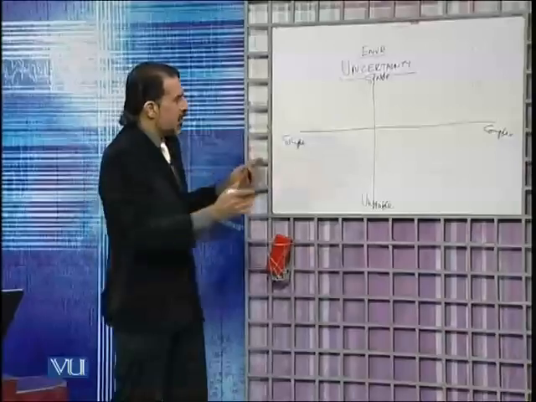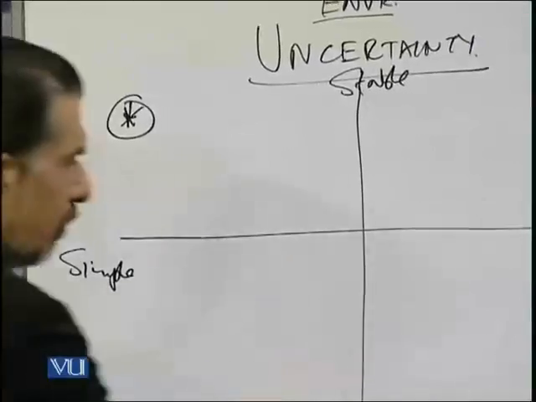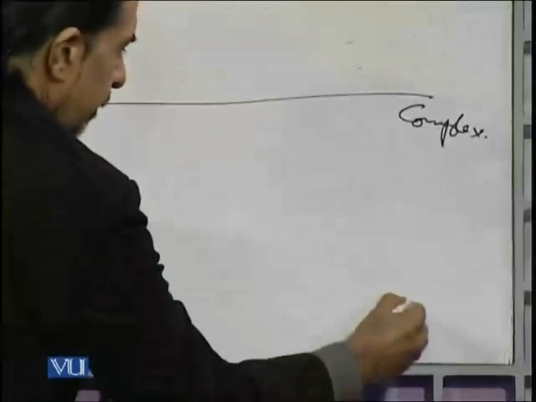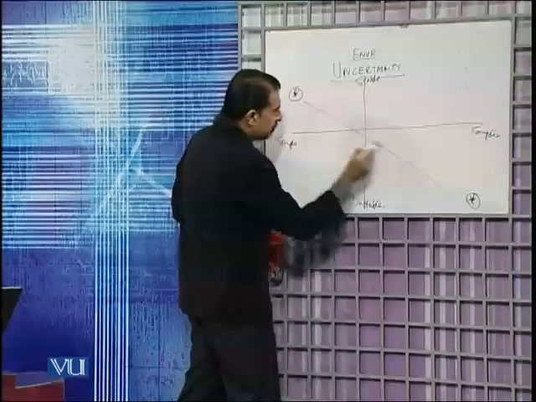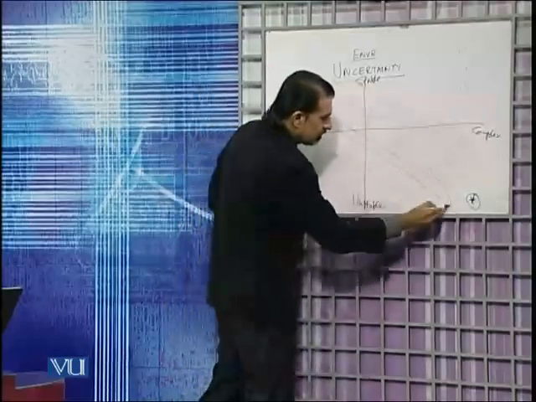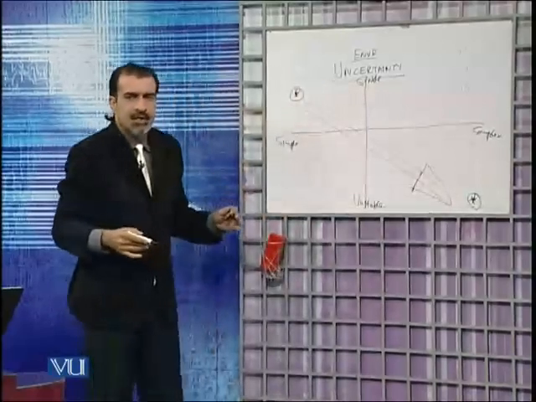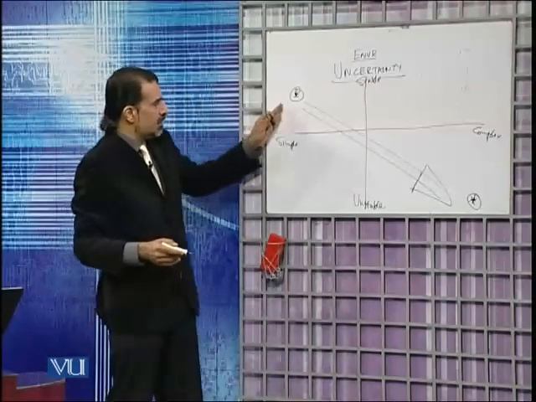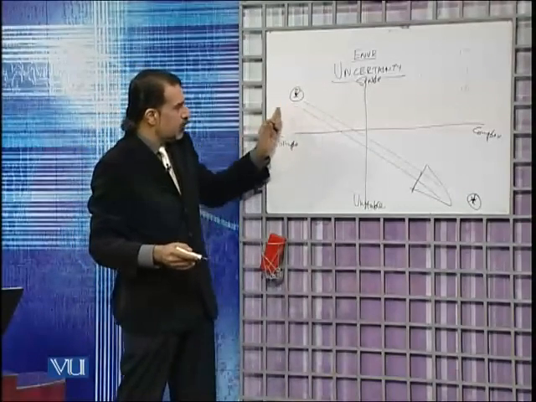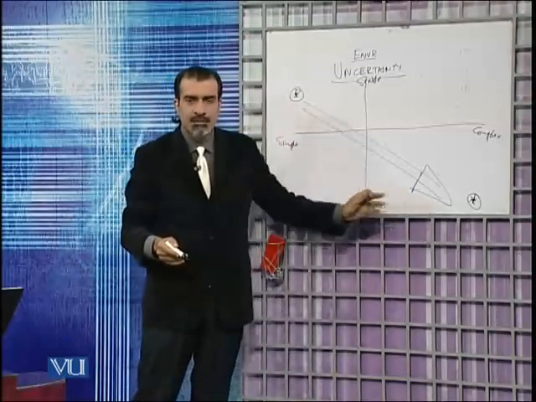A simple stable environment here, and a complex and unstable environment here. And this arrow, which you can see on your screens, is giving us the direction of environmental uncertainty, because this uncertainty is increasing as we move from simple stable environment to unstable complex environment.